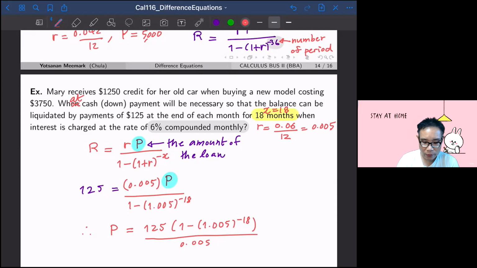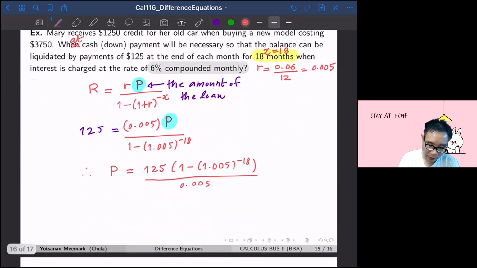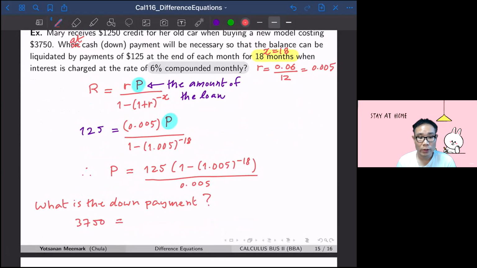So you'd like to know what the down payment is. It's going to come from 3,750 and the 1250, which is the cashback, the credit from selling your old car.